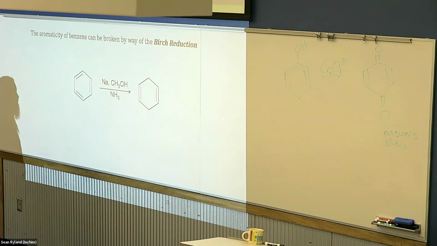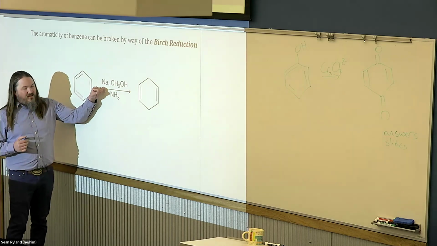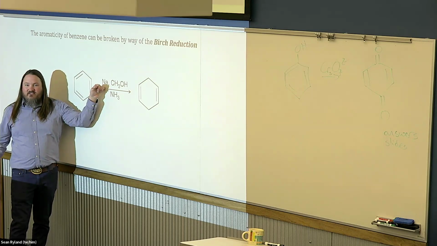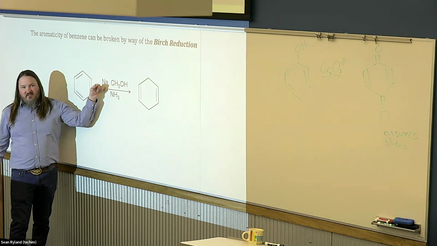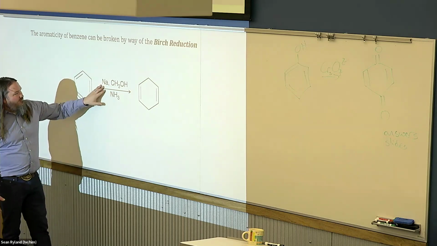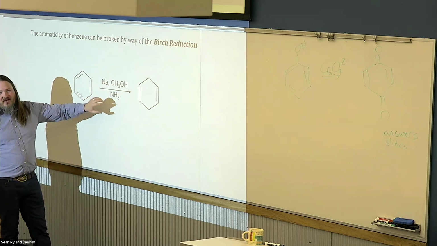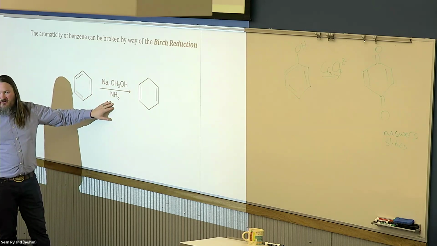In fact, if you Google Birch reduction, less than halfway down the first page, you're going to start getting hits for methamphetamine synthesis. Because if you use lithium instead of sodium, you can actually get that from batteries. And so if you take the lithium from batteries and reduce the lithium so it's in a metallic state, and you can buy ammonia over the counter.